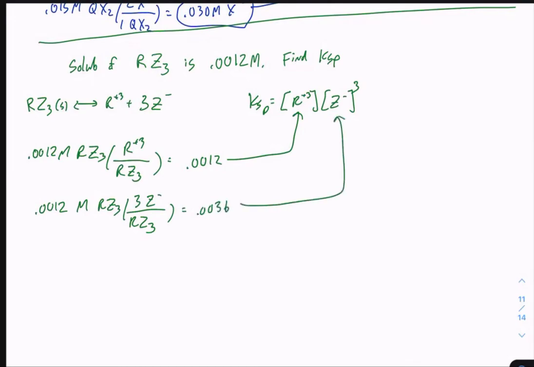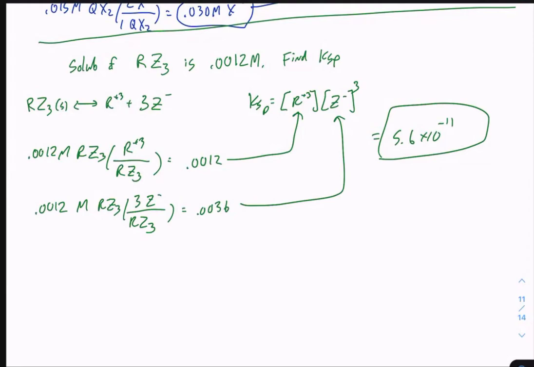That's the value we plug in, and it has to be cubed. After punching those numbers in, 5.6 times 10 to the negative 11 is the KSP value. That is how you find the KSP value.